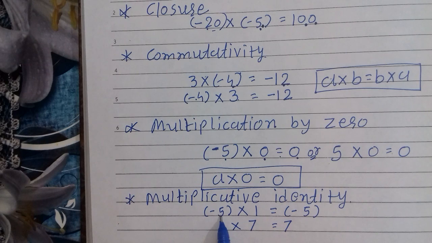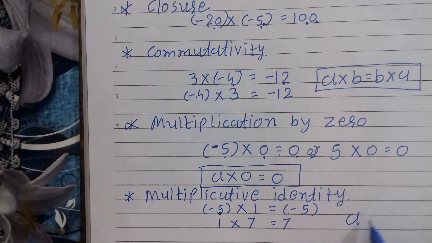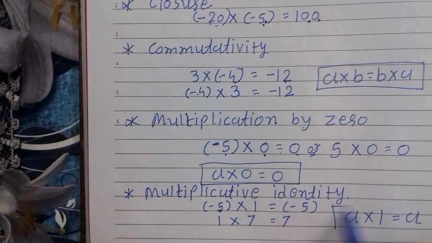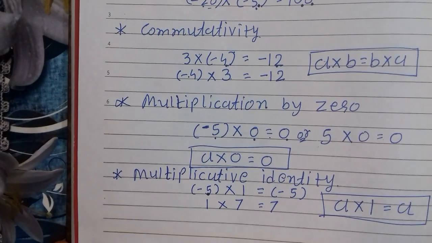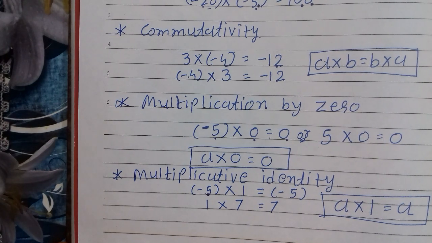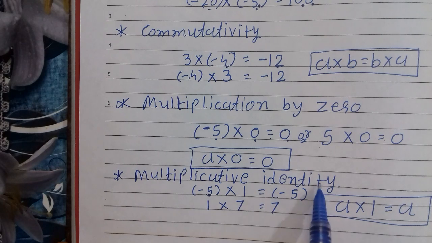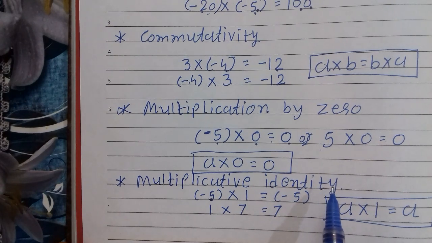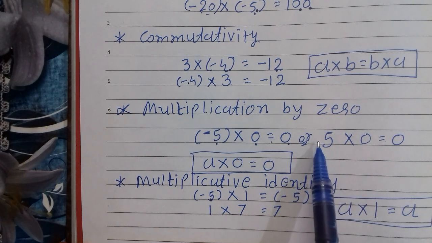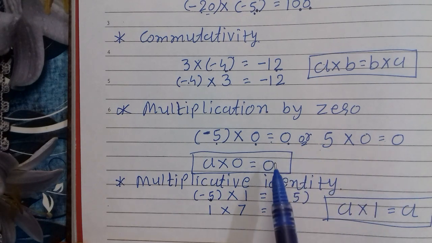In general, for any integer a, we have a multiplied by 1 is equal to a. So 1 is the multiplicative identity. And if you multiply 0 by any integer, you get the answer 0.